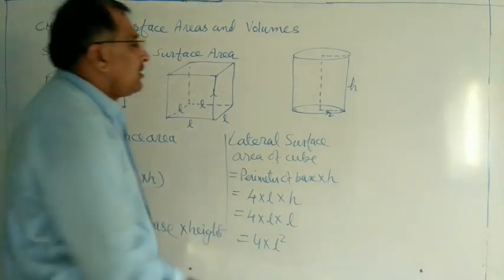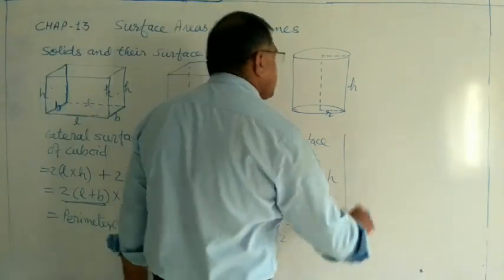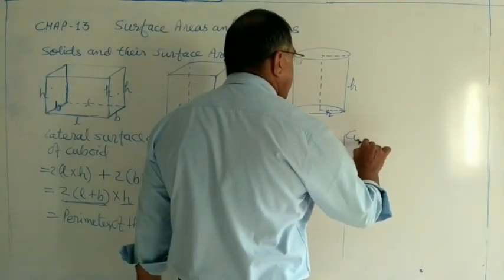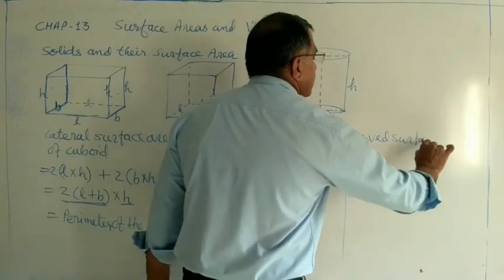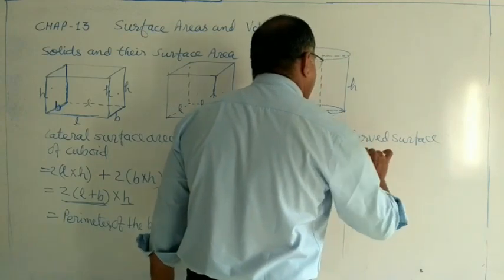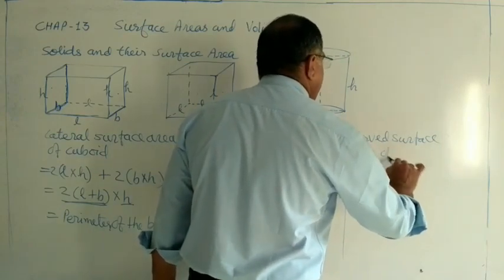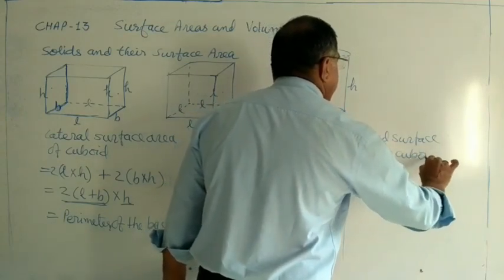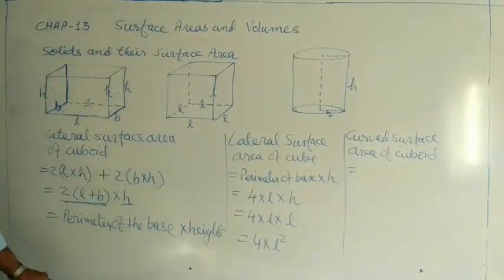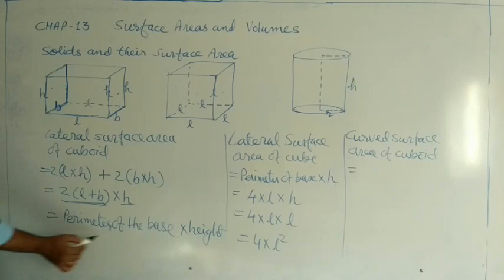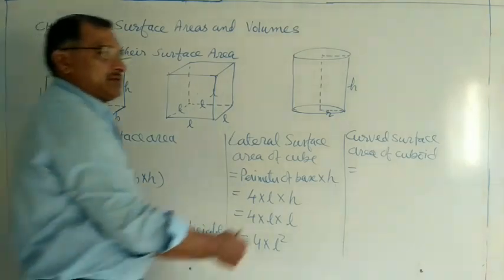Now let's go for the curved surface area of cylinder. So what is the curved surface area of cylinder? Again we can proceed in the same way: perimeter of the base multiplied by height.